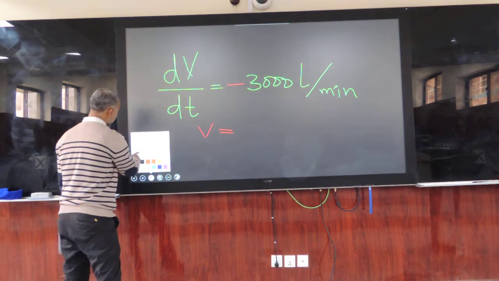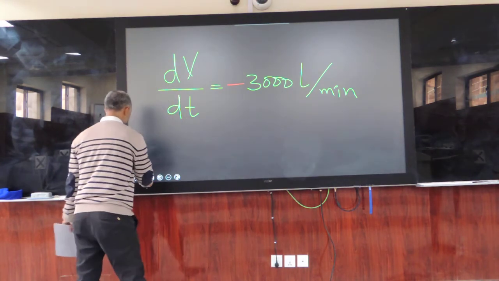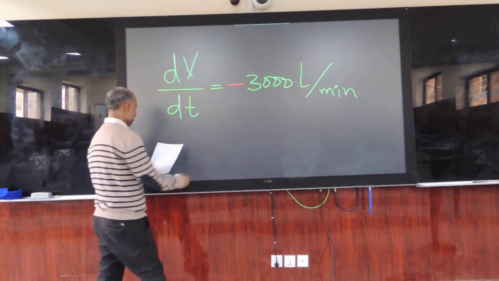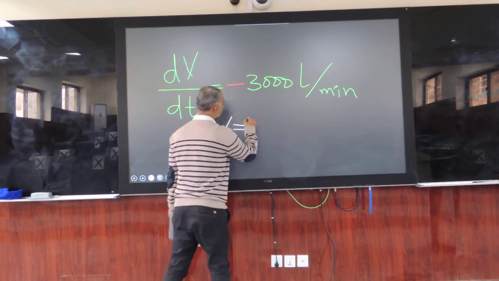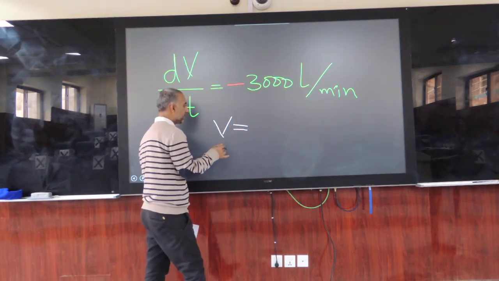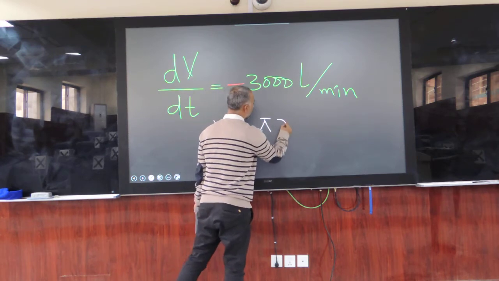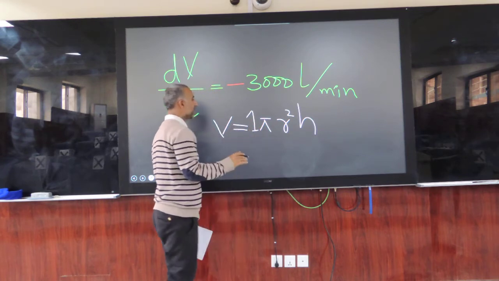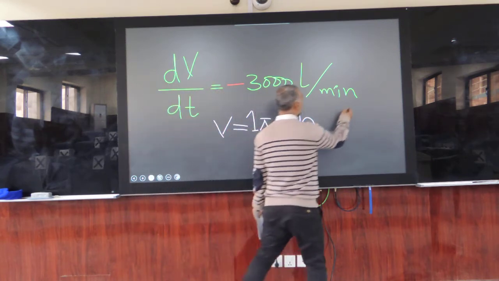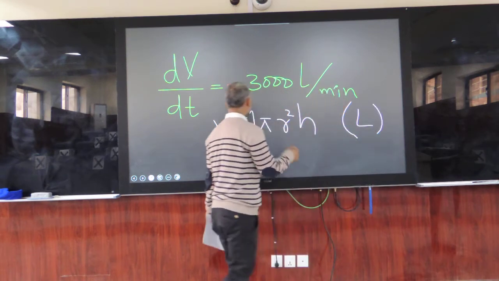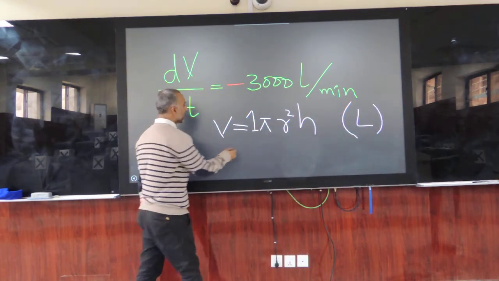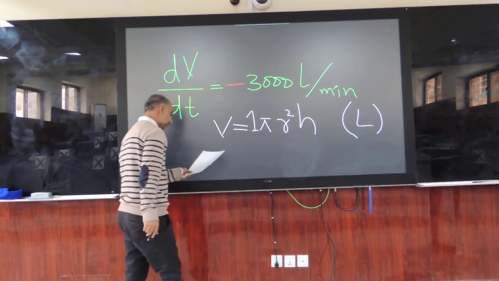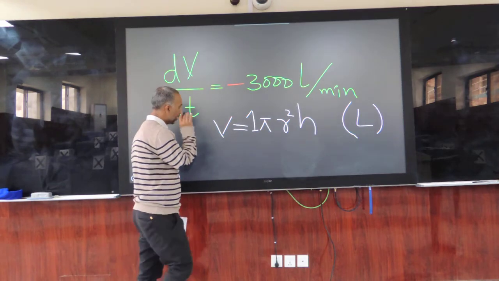Let me first recall that the volume of a cylinder is given by pi r square h. Here the factor is 1, the multiplicative identity, but if it is given in liters and you want the standard system, you transform it into cubic meters.